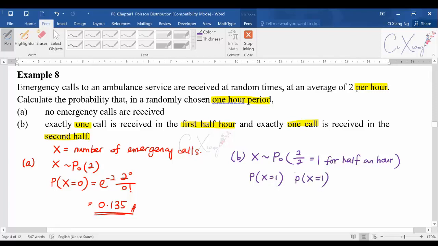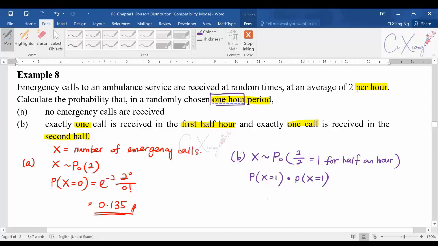And then to complete the total 1 hour, you need to multiply them. It is not a plus, it should be a multiply. The reason it is multiply is that in total, they still want to calculate the 1 hour probability. Just that for the second part, they split it into half an hour and half an hour. If, let's say, this half an hour is not complete as 1 hour, right? So you have to multiply both half hours to get the hour period.